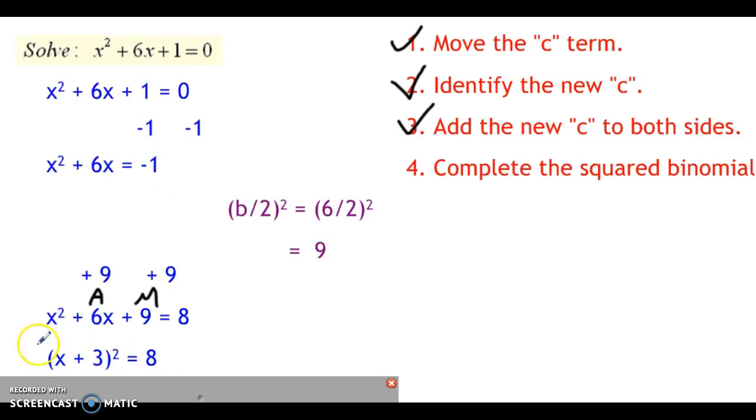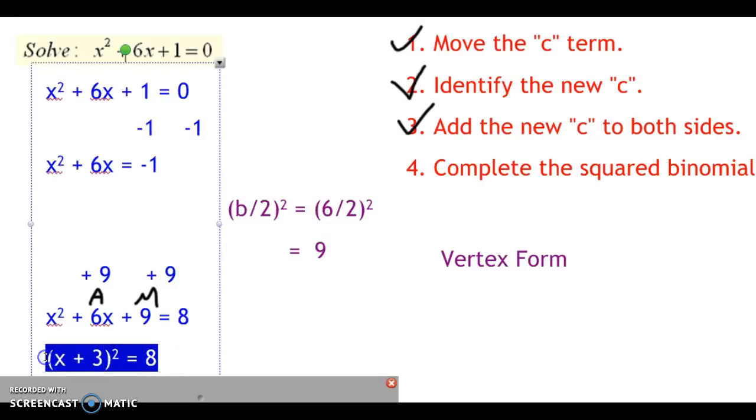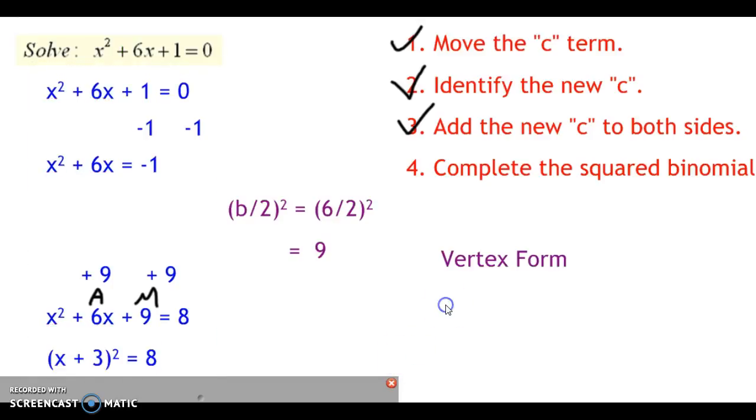I have rewritten this in a different form. Sometimes the problem will ask you to write it in vertex form. And to write it in vertex form after completing the square is very easy. What I'm going to do is take this quadratic and change it very, very slightly.